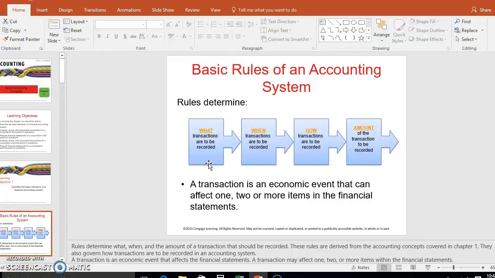And then we need to talk about some of the costs involved in that. So transactions need to be recorded when they need to be recorded, and we'll talk about when to record revenue and when to record those expenses. It may not be as simple as you think, unfortunately. We'll cover how we're going to do that, and then the amount.